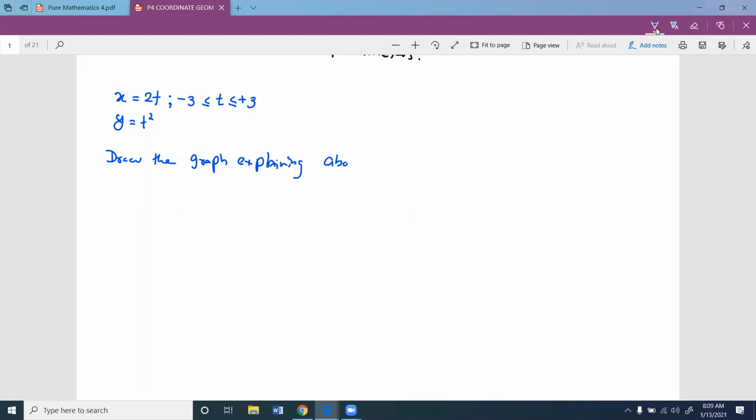This is the way of doing it. Initially, we get the t values for this range: -3, -2, -1, 0, 1, 2, 3. It's not compulsory to go one by one. If it is a critical situation, we can make intermediate values and identify it.